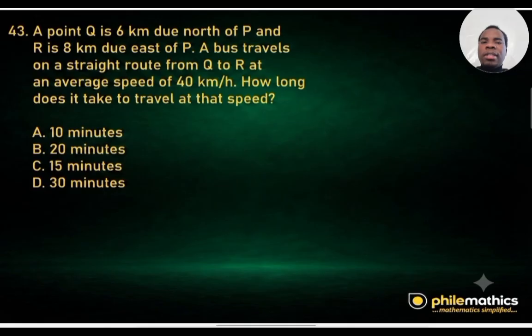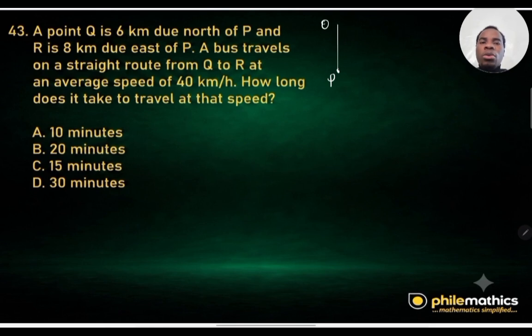You want to sketch this first so you have a feel of what you are solving. And for the sketch, you want to start with P first, since we are making reference from P. If this is P, Q is 6 kilometers due north of P. North of P is just ahead of him.